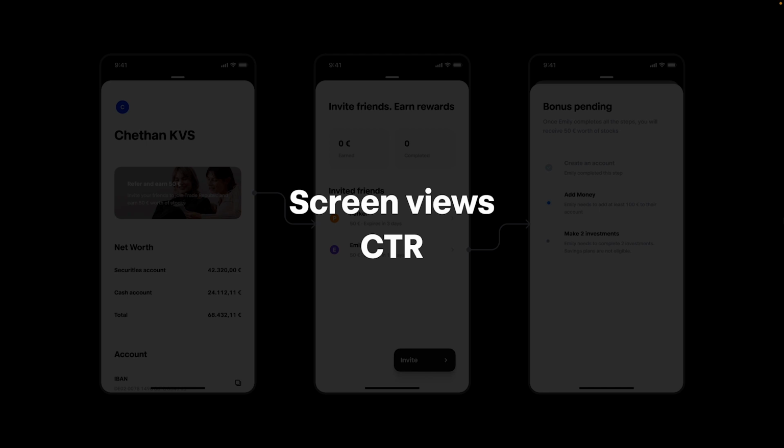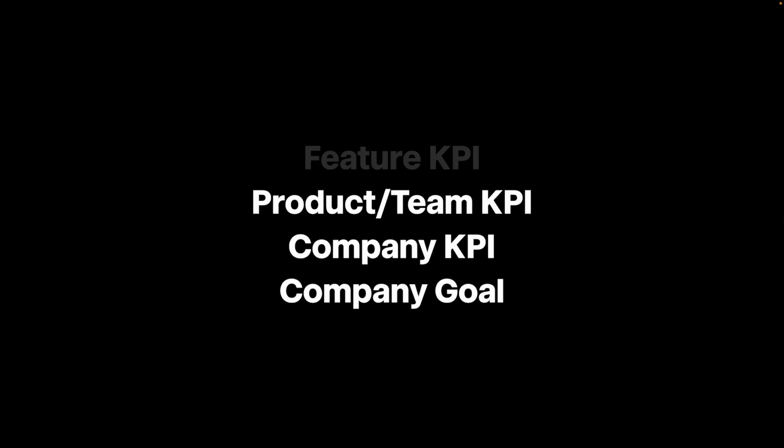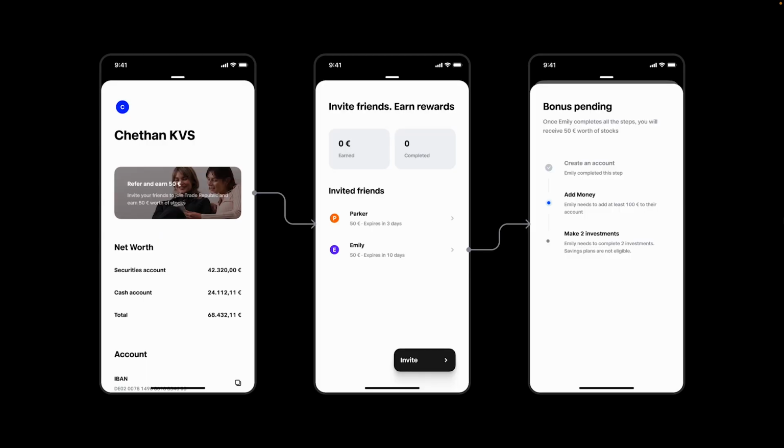Now, we are not measuring feature level KPIs because the moment we see a reduction in customer support tickets, that is enough to validate that this feature worked. We don't have to measure the click-through rate. If customer support tickets reduced for this particular problem that customers are facing, that means this feature worked. And that is how you measure impact.